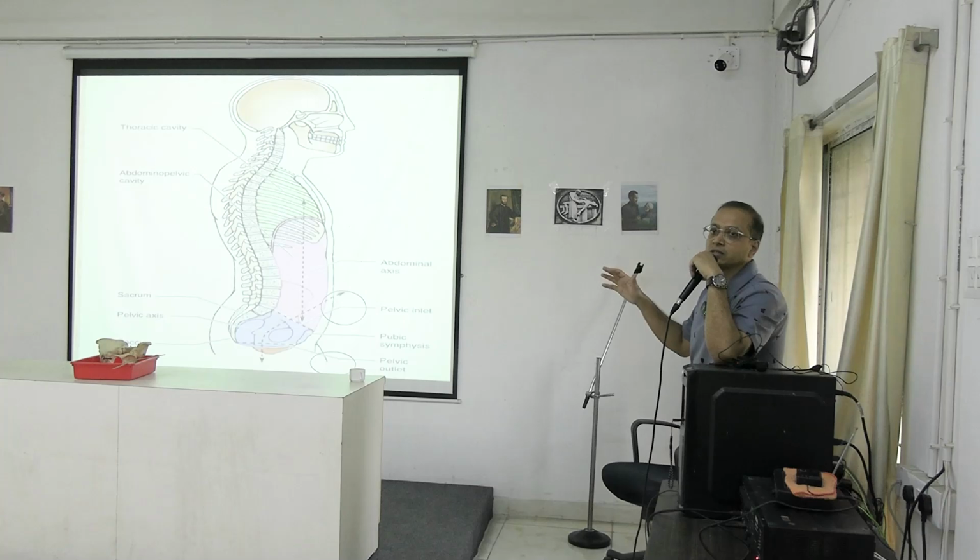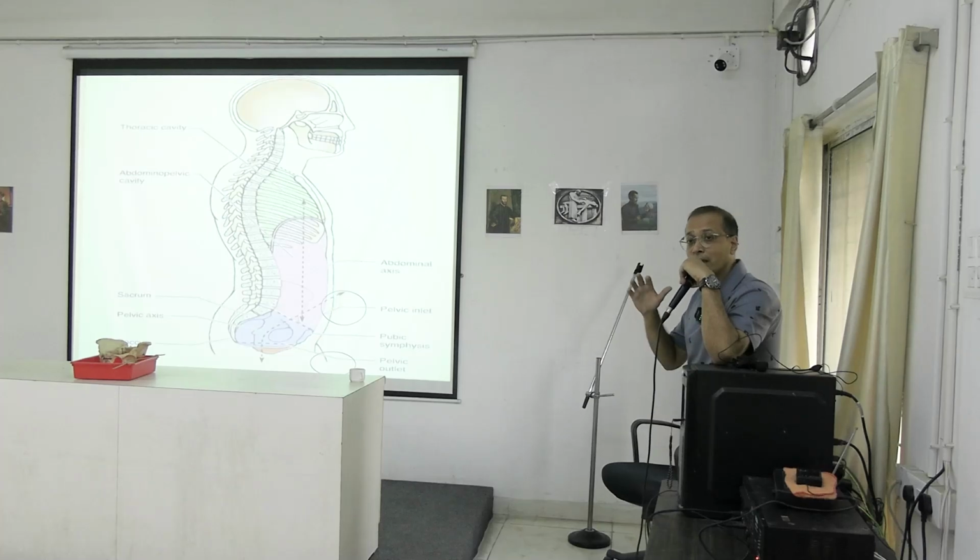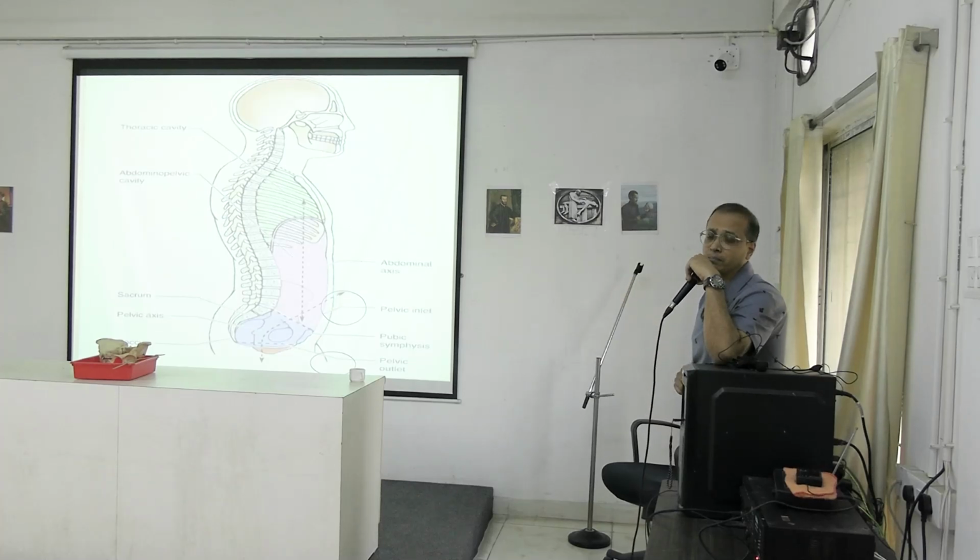Now there is a demarcation, a separating line between the abdomen and pelvis. The abdomen and pelvis are separated by an imaginary line that we call the pelvic brim. We have to know what the pelvic brim is and what makes this imaginary line, and that we are going to learn.